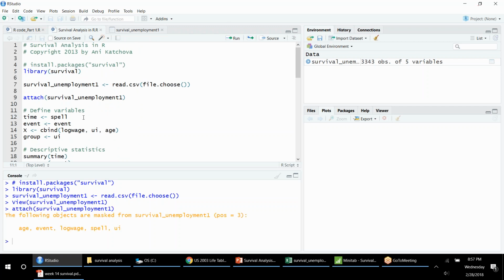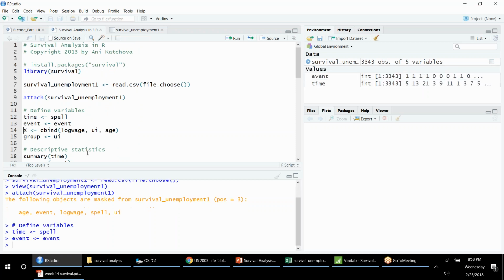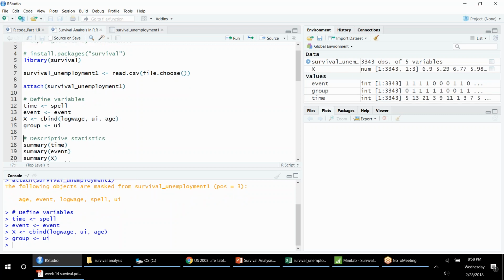I'm attaching that. I'm just redefining the variables here. Time is nothing but spell. Event is event. I'm creating another data frame or vector which consists of the other three variables. And I'm grouping UI. I'm saying group which consists of UI.